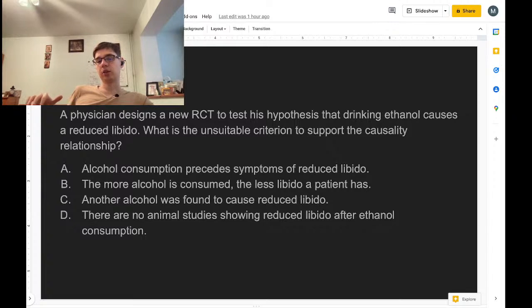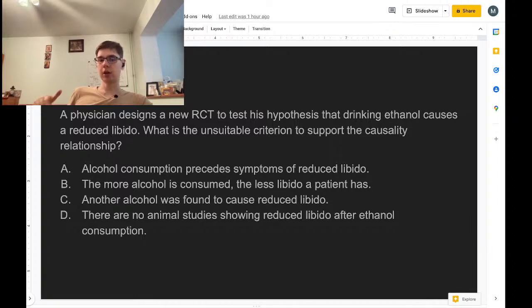C. Another alcohol was found to cause reduced libido. This is another Bradford-Hill criterion that states the analogous relationship. For instance, we have a cause and effect relationship between a similar situation and our cause and effect.